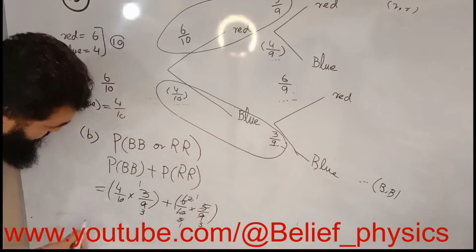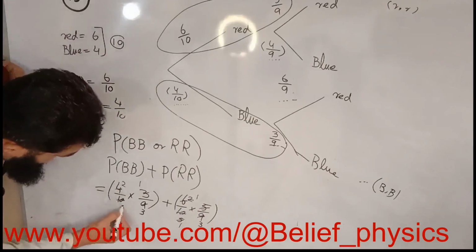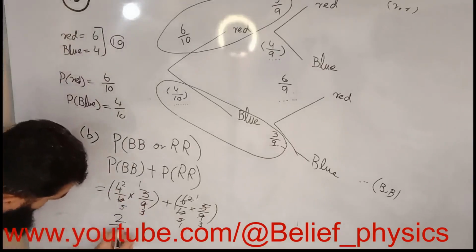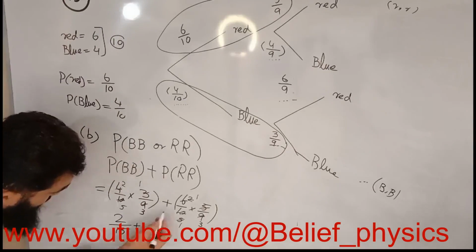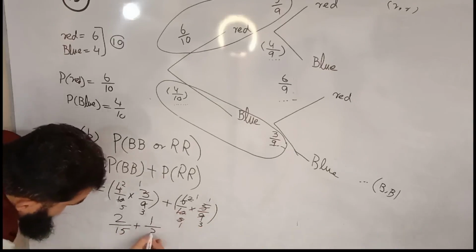It is cancelled. Look here, 2 twos are 4, 2 fives are 10. So this will become 2 over 5 threes are 15 plus both are 1 ones are 1 over 3 ones are 3.